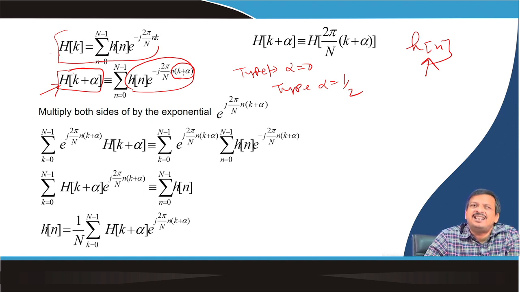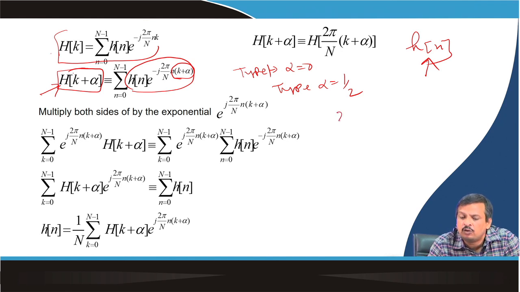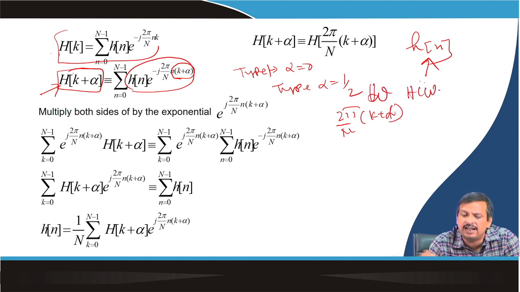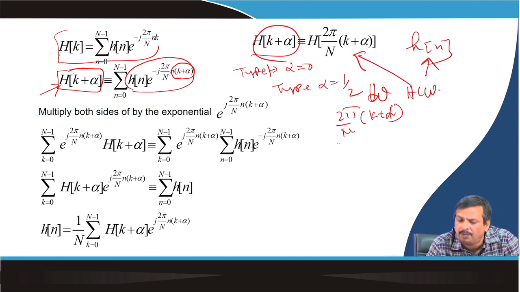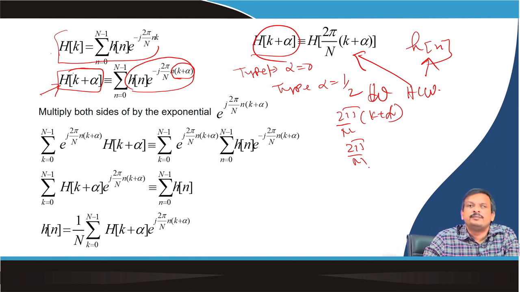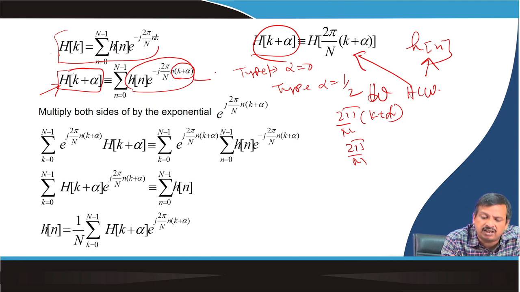So, basically H of k plus alpha is nothing but, what is the resolution? 2 pi by n into k plus alpha, that is the frequency f or omega I can say, this is H of omega. So, H of k plus alpha is equivalent to H of omega sampled at 2 pi by n. Is it clear? Now, this is equation number 1.